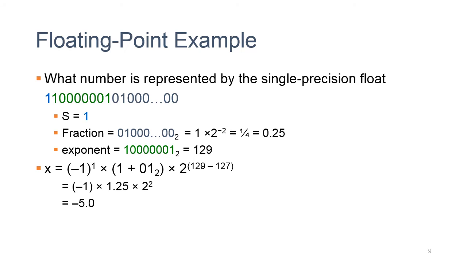Now we convert this fraction back into a decimal number, giving 0 multiplied by 2 to the power -1 plus 1 multiplied by 2 to the power -2 plus 0 multiplied by 2 to the power -3 plus 0 multiplied by 2 to the power -4 plus so on up to 2 to the power -22.